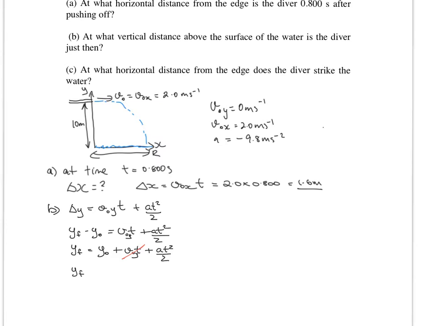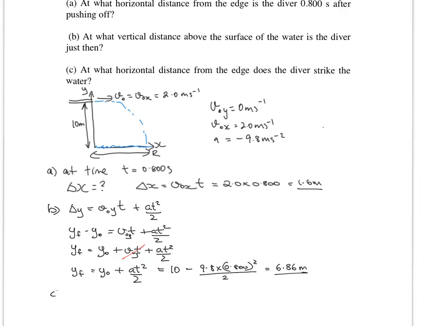So yf, our final y position, is going to be y0 plus at squared on 2. We've got those values now, so we can put them in. y0 was 10 meters, a is minus 9.8, times 0.800, don't forget to square that, divided by 2. And that comes to 6.86 meters. So that's our final position. Our displacement is going to be 10 minus that. So that's our answer.